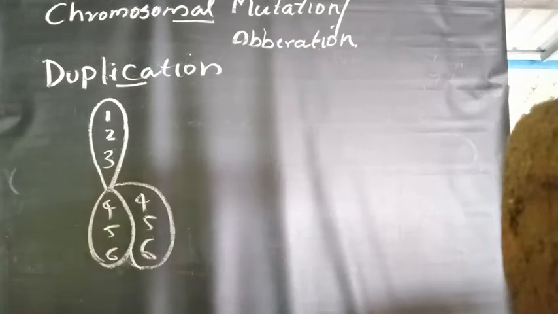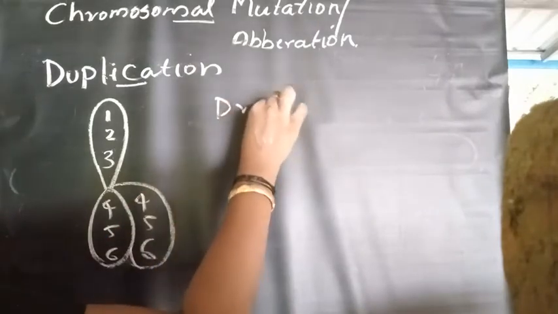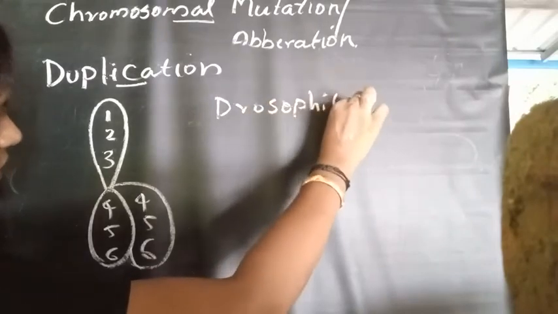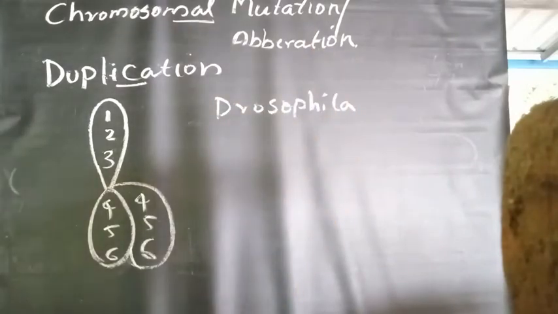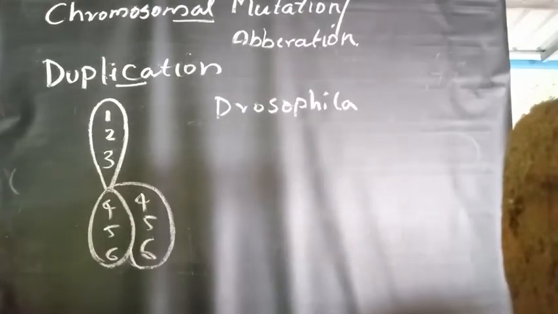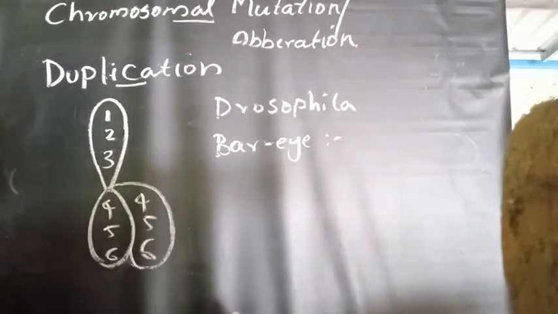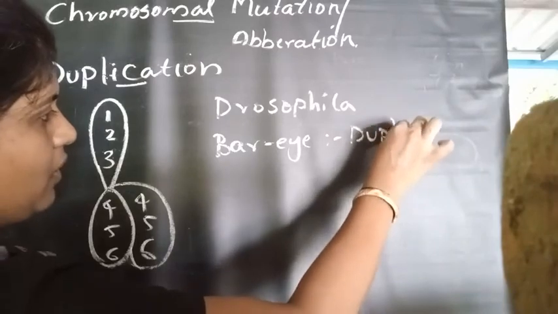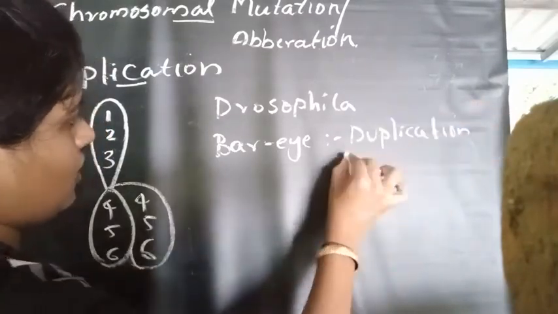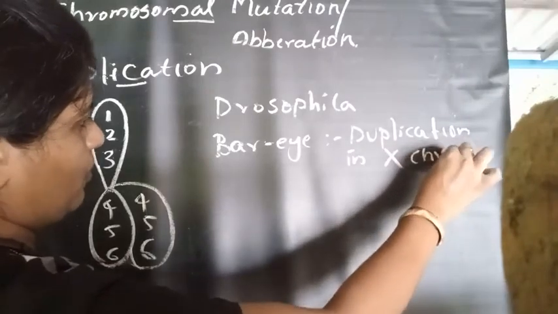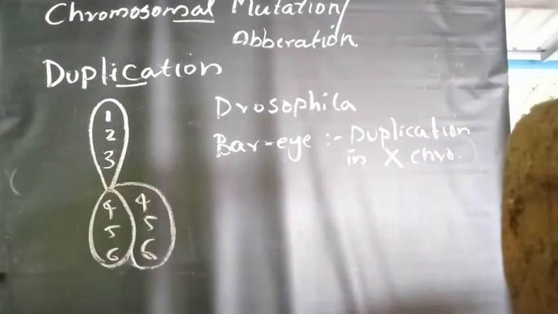An example you can see in Drosophila. In Drosophila, the Bar character is observed due to duplication in the X chromosome. Bar is a character where the eyes are narrow as compared to the normal eye shape.